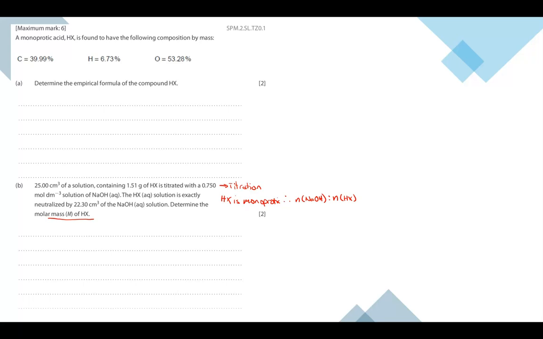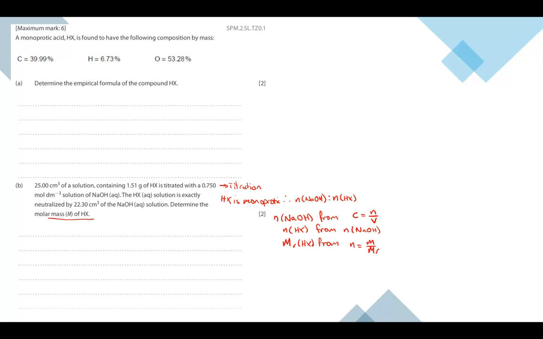Okay, so part of the molar mass formula is moles. That's how we'll work that out. We want to get our moles of sodium hydroxide, so we know how many moles of this we have, from concentration equals moles over volume. Once we calculate the moles of sodium hydroxide, we can calculate the moles of our acid, and again it's got that 1 to 1 ratio.